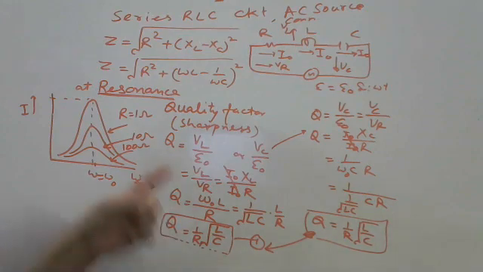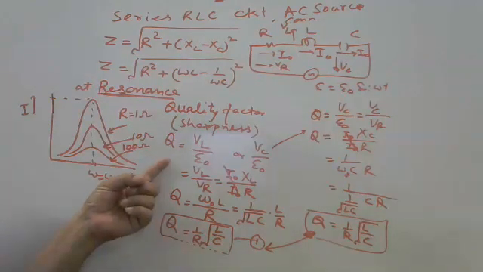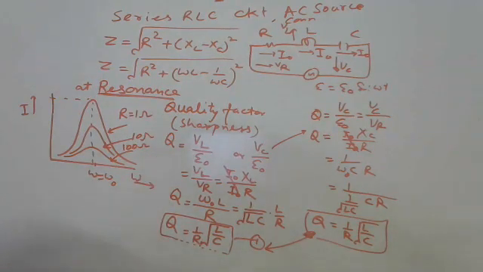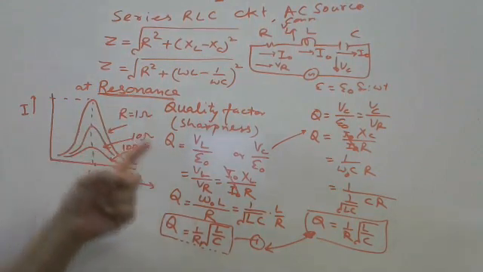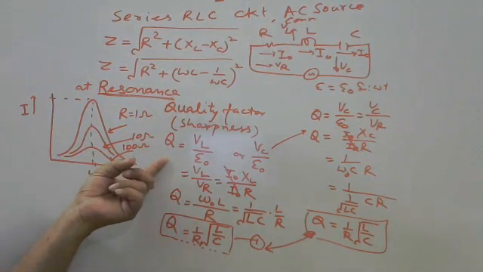Here at resonance, we can select the particular frequency for which current is maximum, just like in any selective circuit like your mobile. When any signal or channel is coming, you can select the particular frequency the channel or mobile is having.